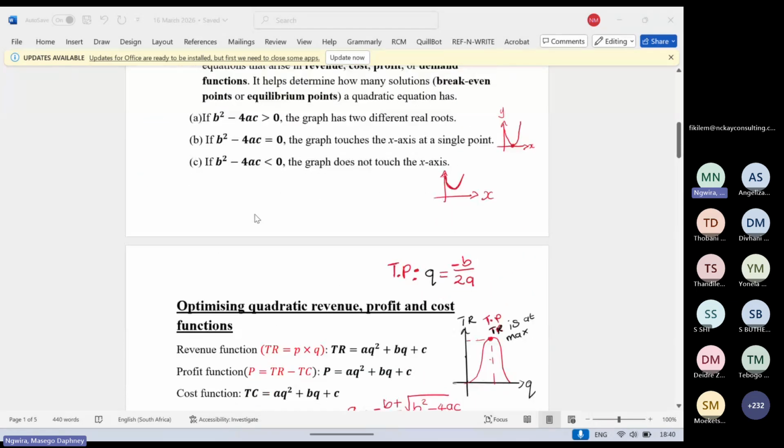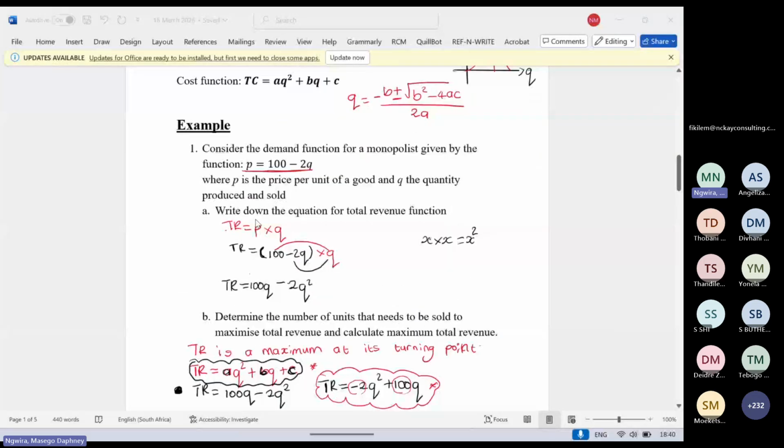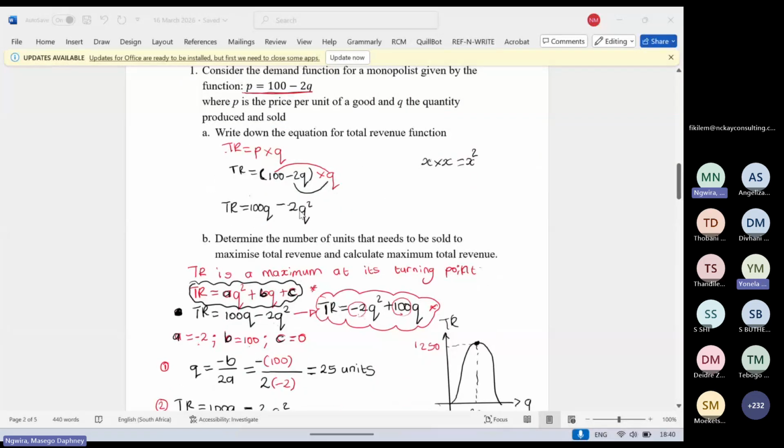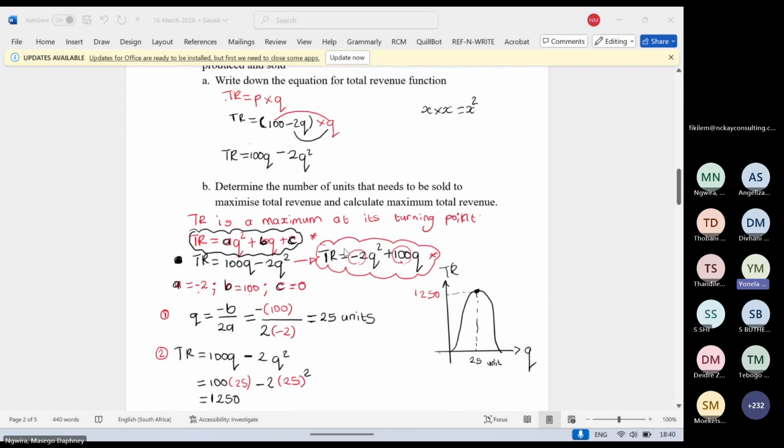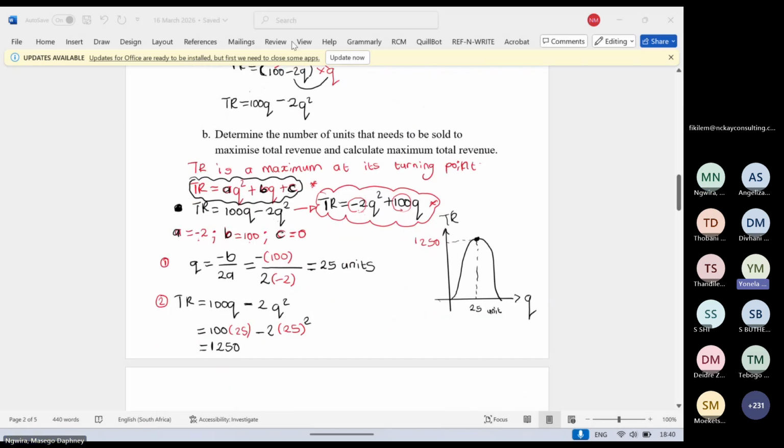If you look at our total revenue function here, our a is negative. That's why we had to calculate the maximum. So if it was positive, then it would be a minimum. Okay, thank you. Next, only B.